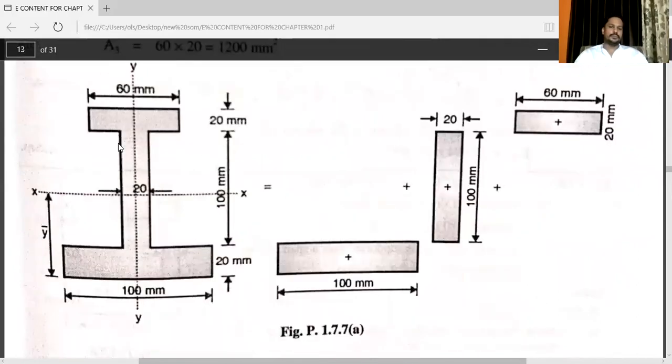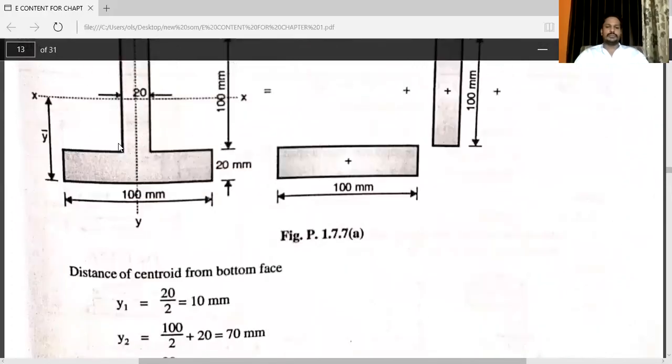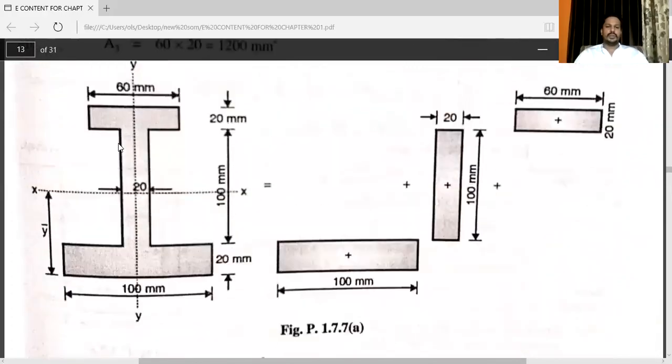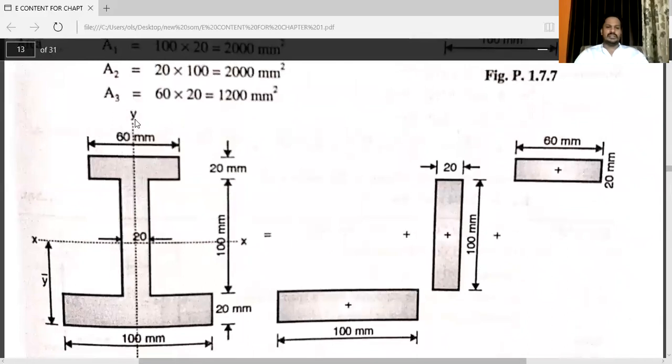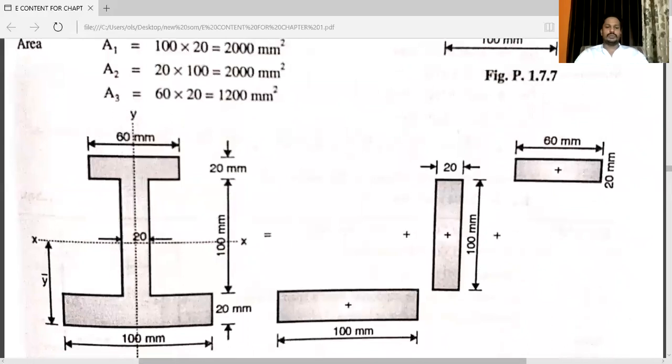You have to use the regular method to calculate the centroid point. So here, the diagram is symmetrical about the vertical center line, so the x bar will be 0. Just consider that vertical center line as the y-axis.